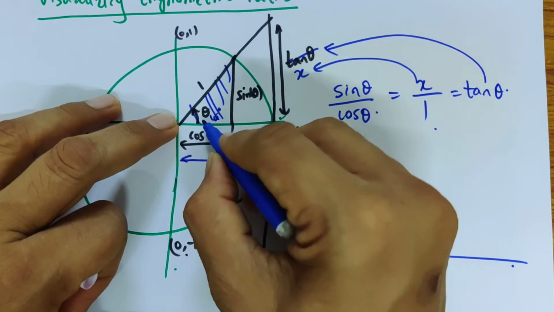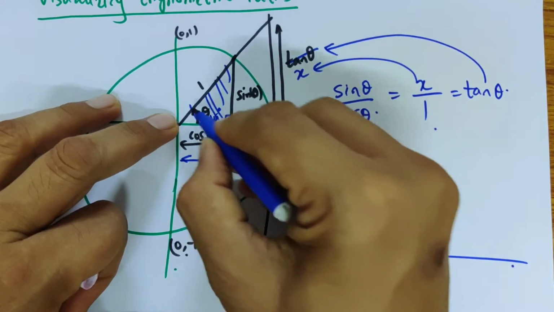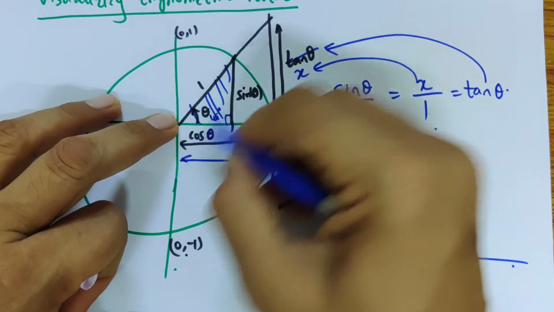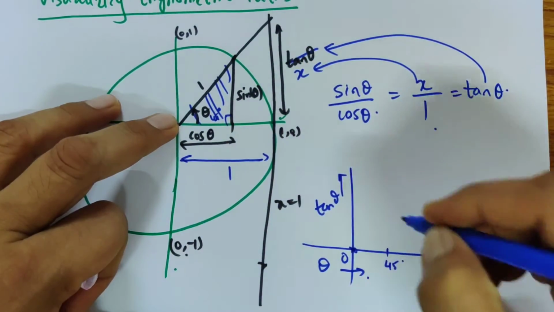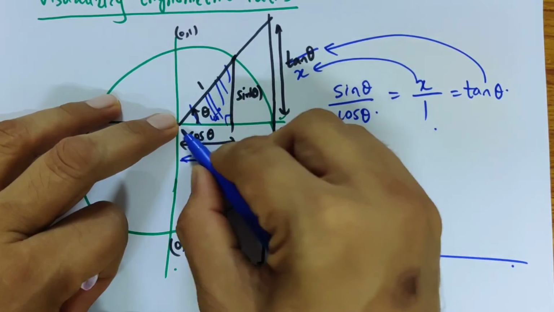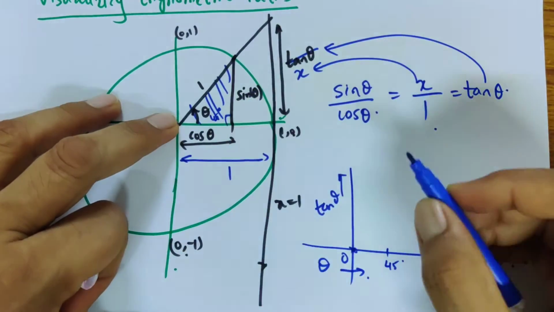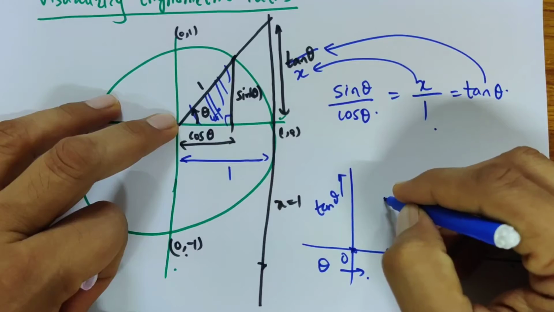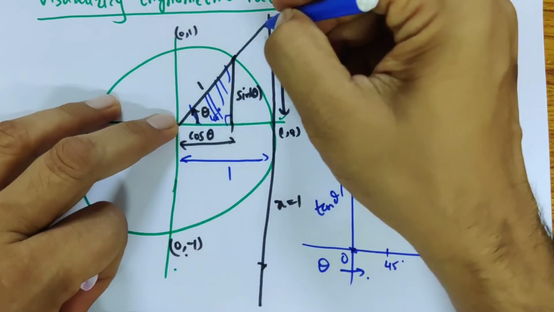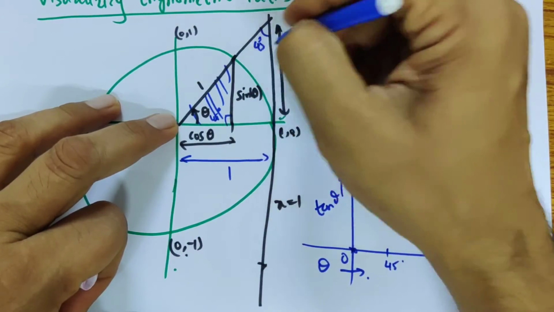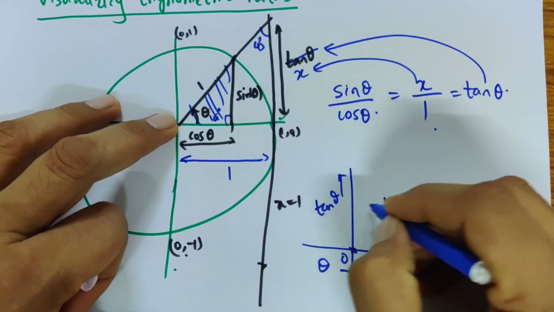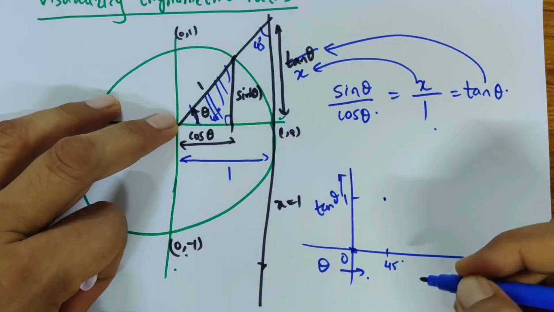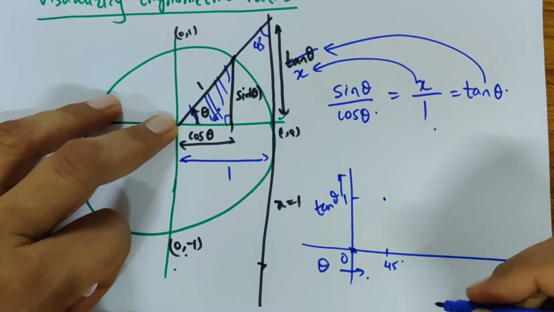If this is 45, that is 45. This is 90 degrees, no? Angles are equal, sides are equal, so tan theta is going to be 1. So at 45 degrees, this is 1, because these two sides are equal, this side is 1, that side is 1. So that's tan theta at 45 degrees.